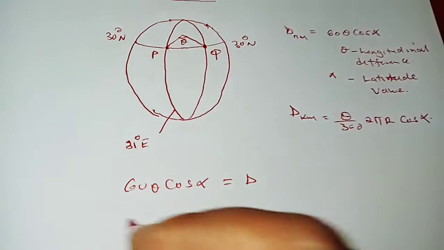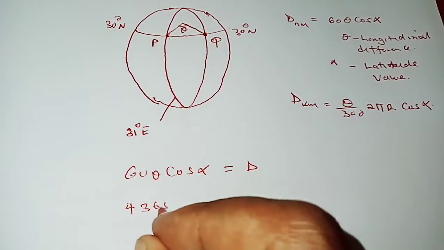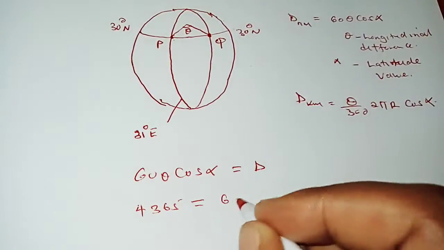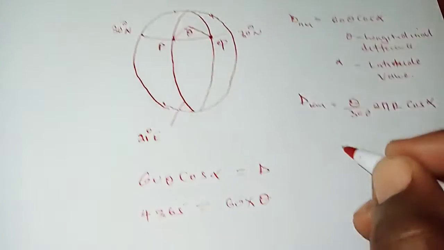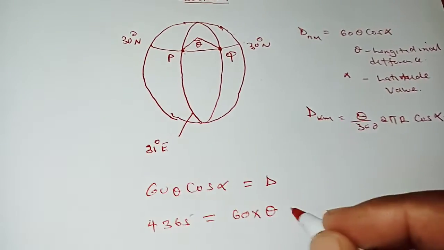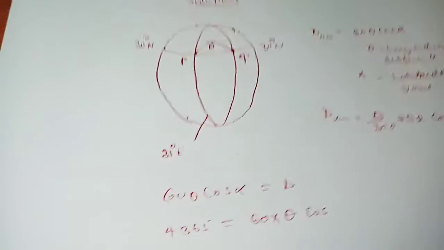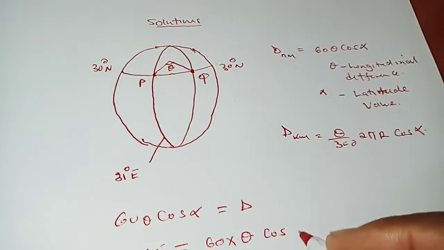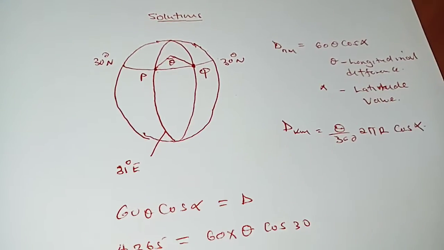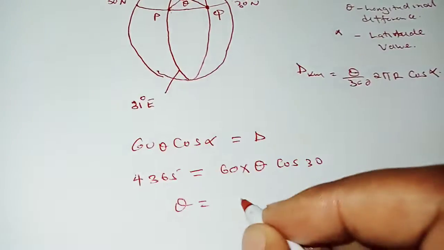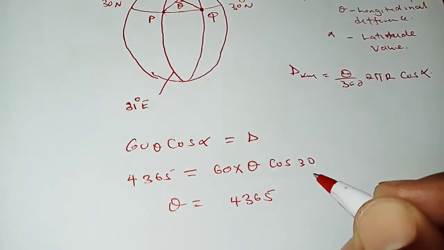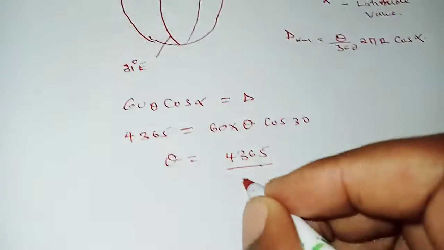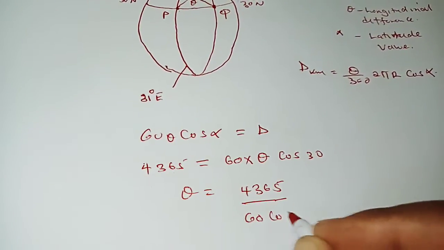Since we're given the distance as 4365, we are going to equate it to 60 times theta cosine alpha. Of course, in this question we don't know theta, but we already know alpha, which is 30 degrees. So theta is going to be equal to 4365 divided by 60 cos 30.